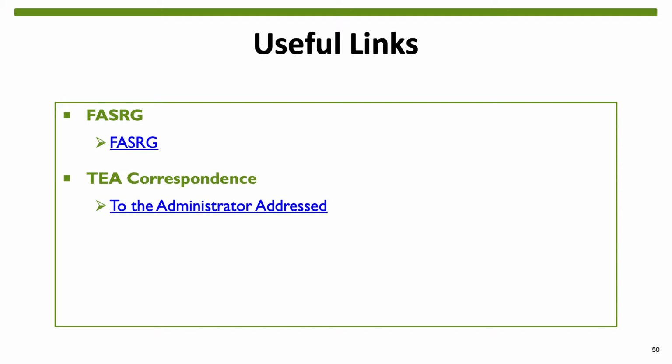Is everyone in here signed up for the To the Administrator address letter? Please say you are. That's how we notify you about everything that's going on at TEA. That's how we tell you, hey, your preliminary FIRST ratings have been released. Make sure you're signed up for it. If you don't know how, please just give me a call or send me an email and I'll help you out.